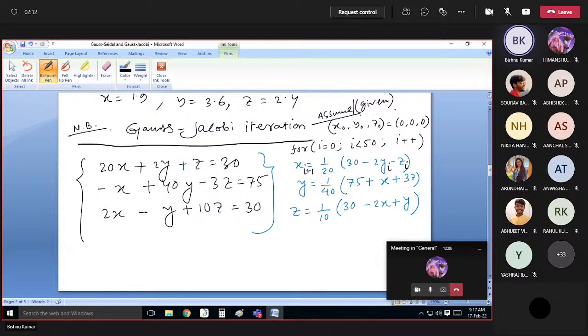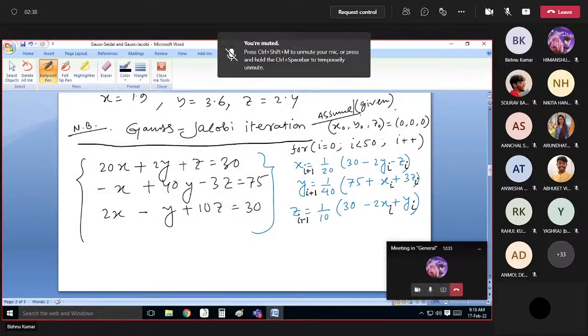But in the Gauss-Seidel method, to get y1, what x is updated here, that updated value I will not use in this iteration. I will simply use the initial value. So still it is I, and this is I, and in this place also I, and you will get left hand side I plus 1. Only that is the difference.